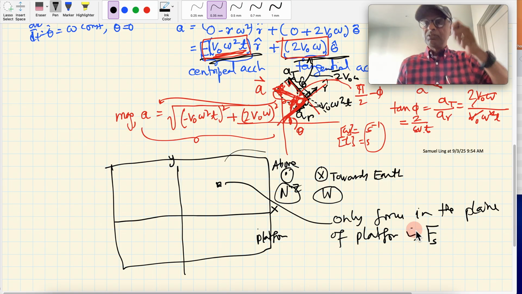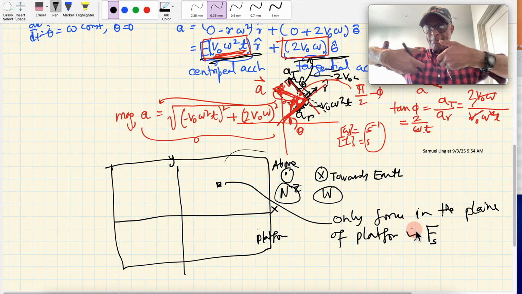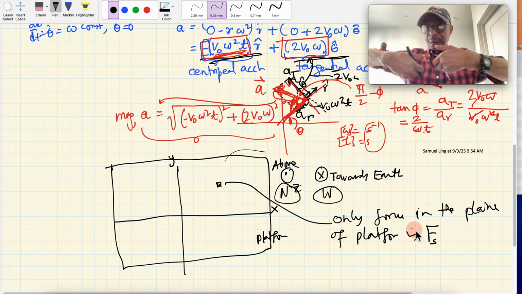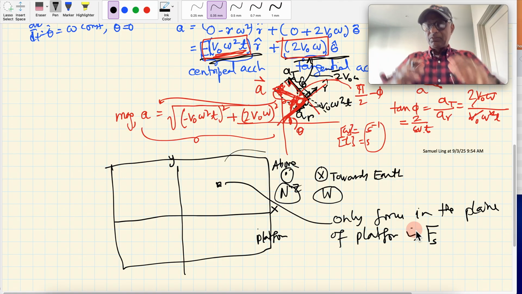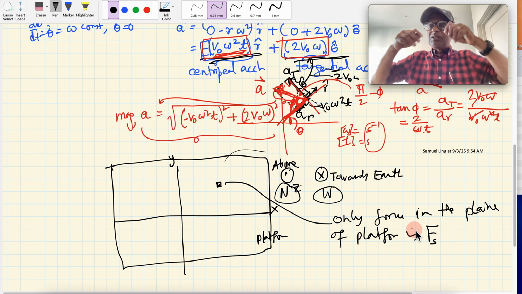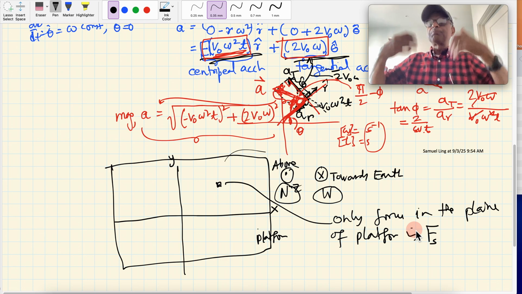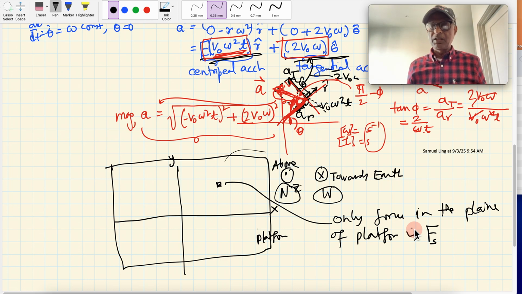You say, oh, what about the engine force? No, there's no engine force. The engine is trying to rotate the tire. The tire is going to push against the platform, and the platform is the one which is providing the force on the car. Okay, so the engine is not providing a force on the car. The engine is part of the car. This is very important to understand. So in a lot of problems like that, the force is Fs from the platform.